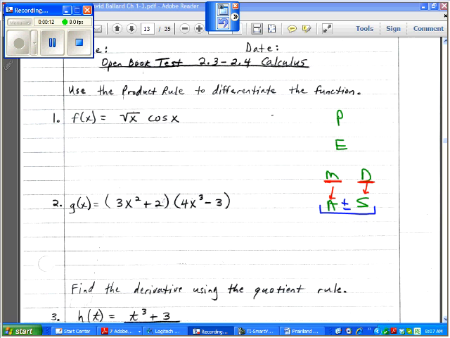Good. And then the exponential rule is that you take the exponent times the coefficient and then reduce the exponent by 1. And in parentheses, we have what we call the chain rule.